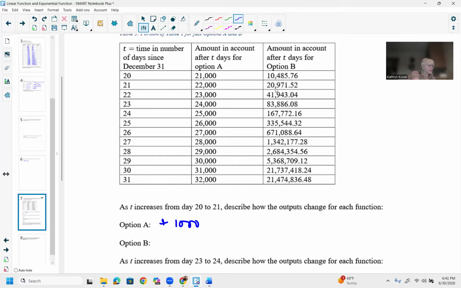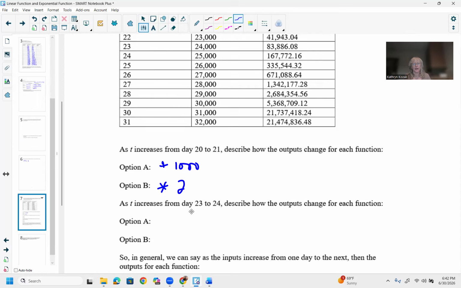So that's how that one changed, is that we multiplied the output by 2 each time. Actually, it's not multiplied by 2, we're doubling it. Actually, yeah, if I took this one and divided it by this one, I'd get 2. So we're doubling it each time.